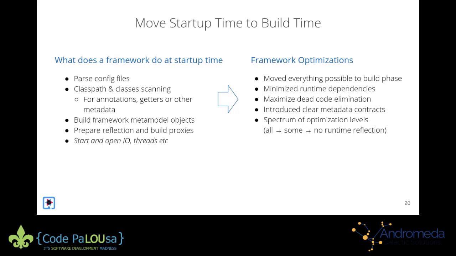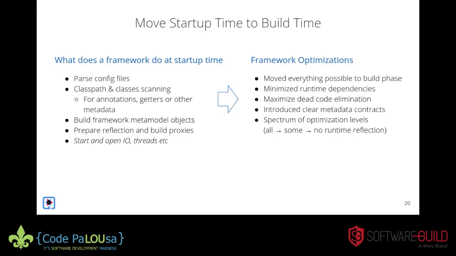It parses the files, it does some class path and class scanning for annotations, etc. It builds the framework, it prepares reflection, all those types of things. And then it starts and opens the IO and the threads, etc. And then the optimization, what we've chosen to do is move everything possible, a lot of those things that you see on the left-hand side of the slide, to the actual build phase.